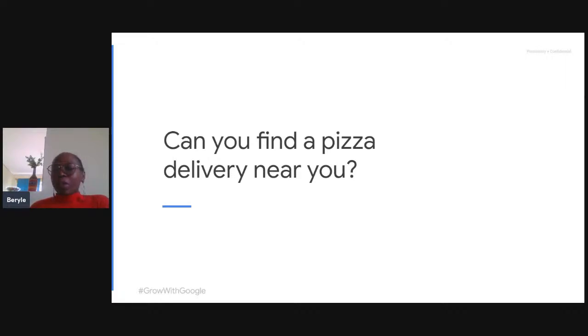If you're looking for pizza, you can look at pizza shops near me, or pizza delivery near me, all right? So what are the kind of terms that you're using to look for this pizza shop?